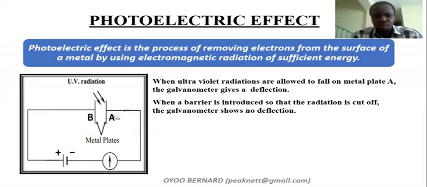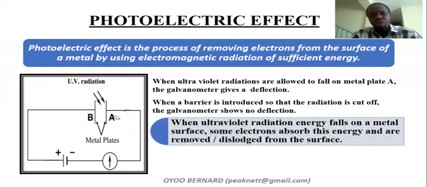So if there was deflection, there must be something that triggered it. Most likely the ultraviolet radiation did something to plate A and triggered certain processes that made current flow. So if you block that radiation, then obviously there will be no deflection on the galvanometer.